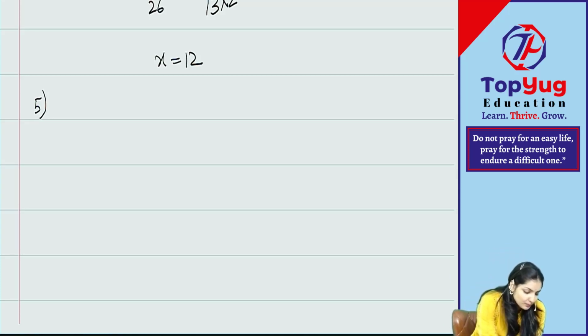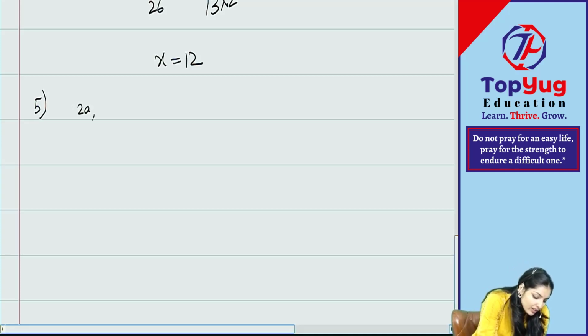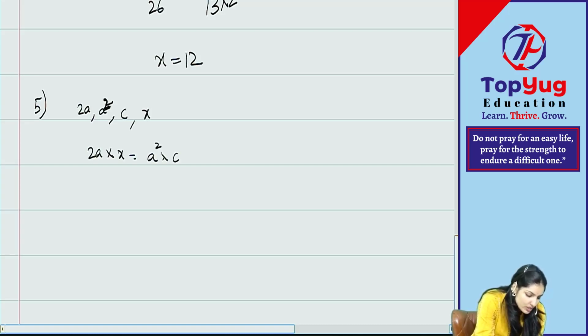Fifth one, the fourth proportional to 2a, a square, c. So fourth proportional means this is x. So 2a into x is equal to a square into c. So what is x? A gets cancelled. x is ac by 2.